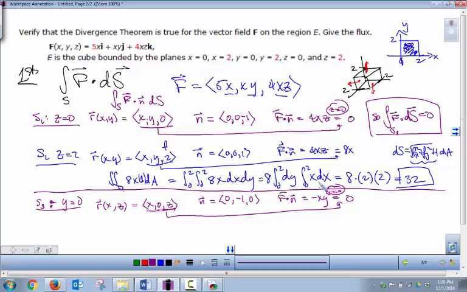So that would make the whole thing 0. Kind of seeing a pattern here, right? The 0 coordinate planes are probably going to be 0. Oh, there was another missing integral here. So the flux for S3 is going to be 0.